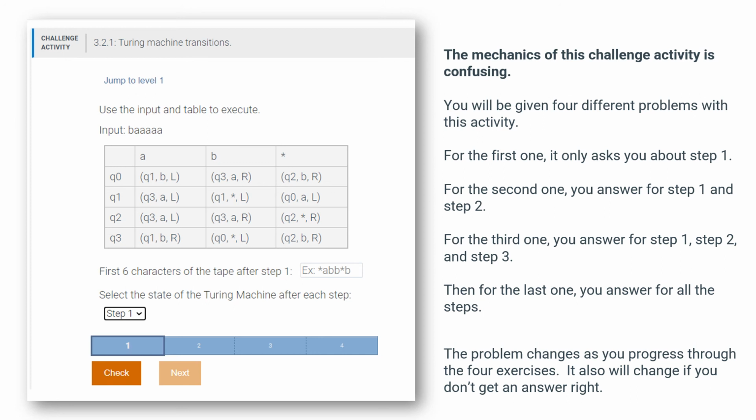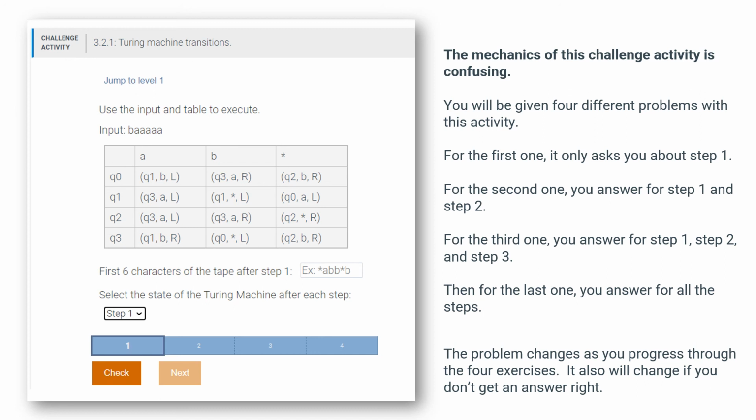So it's a completely different problem when you get to number 2. But this time it's going to ask you for the first 2 steps. So what's the state of the Turing machine after step 1 and then after step 2? And then again, you check the answer, and if it's right, you get to go on to the next one.